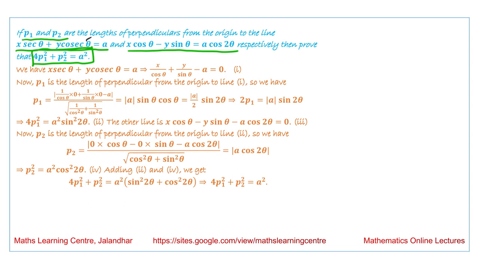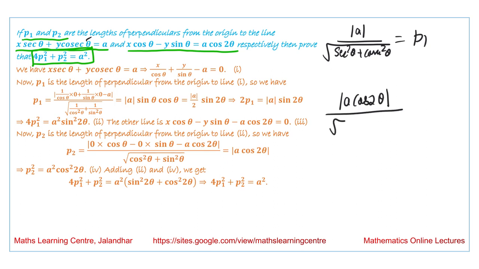For the first case, the answer we will have is mod of A divided by square root of secant square theta plus cosecant square theta, and this value is given to be P1. In the second case, we have mod of A cos 2 theta divided by square root of cos square theta plus sine square theta, that is equal to P2.